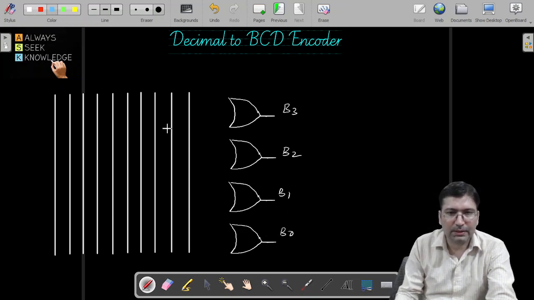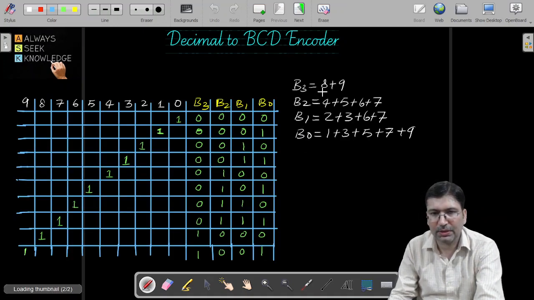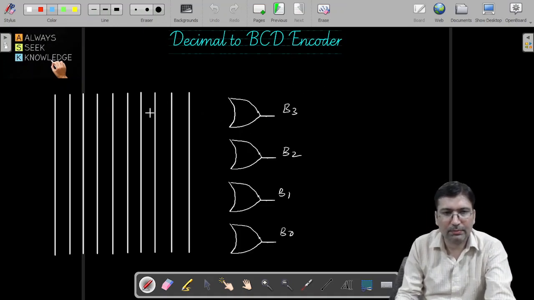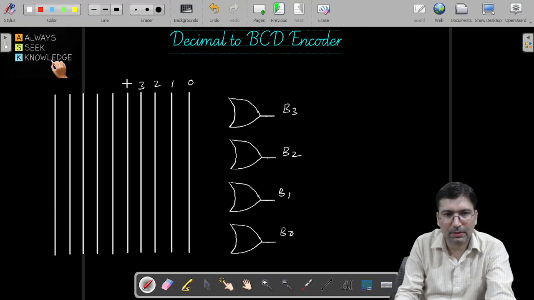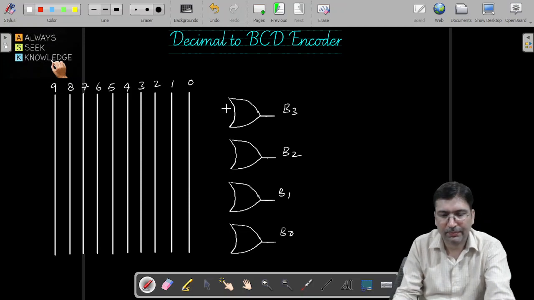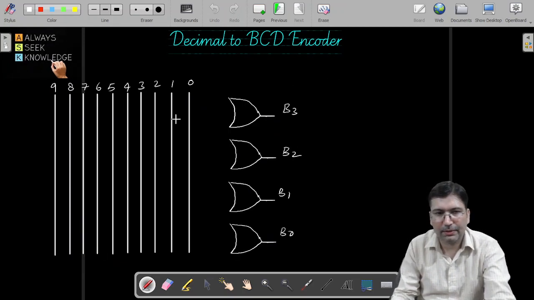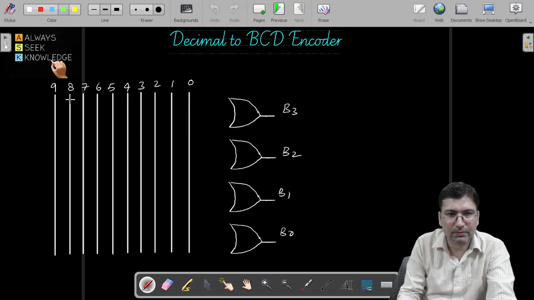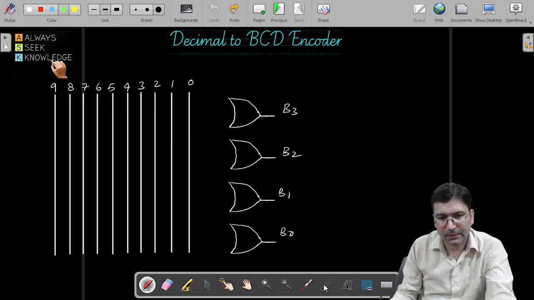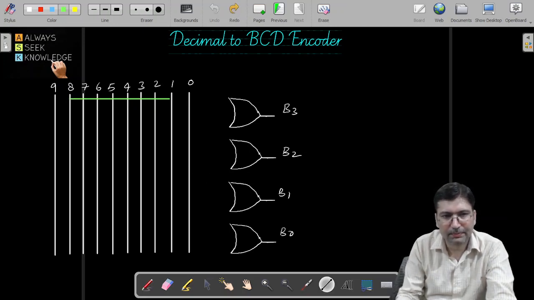The lines are numbered 0 to 9. Because B3 is 8 or 9, the connection is established with 8, and we can connect it with 9.